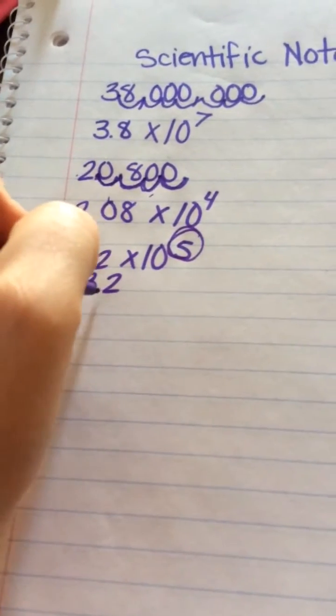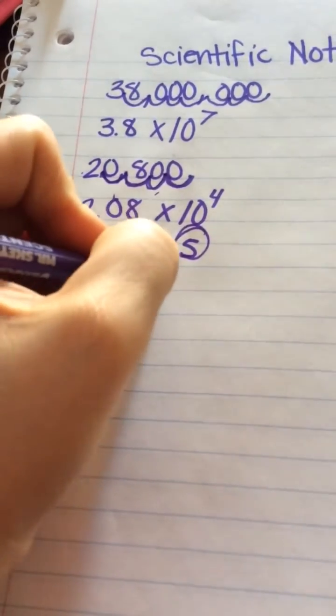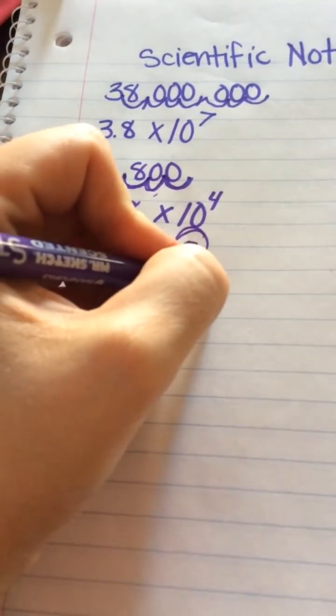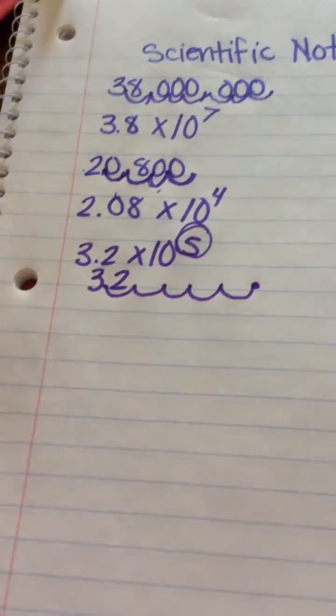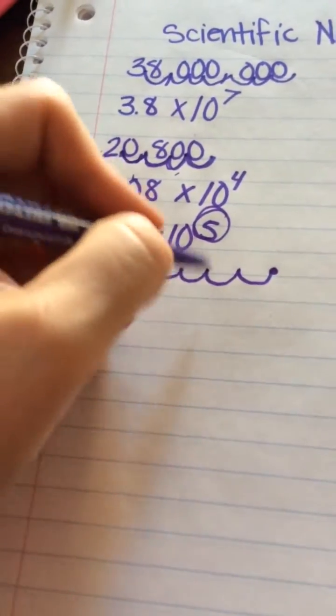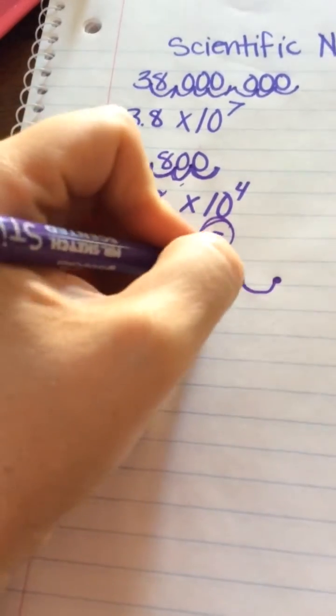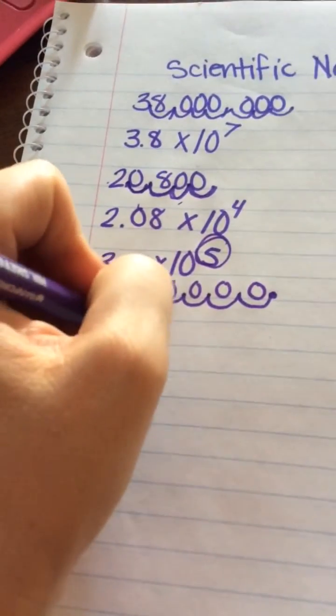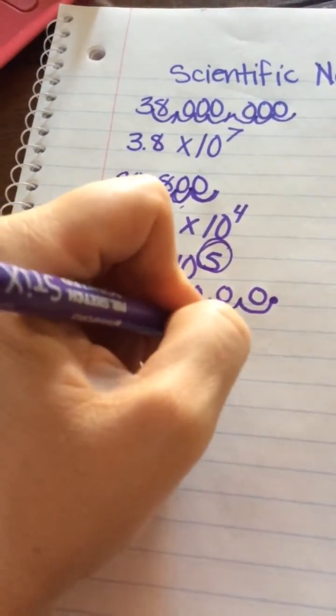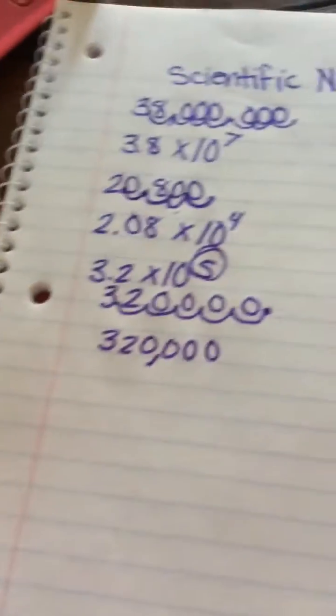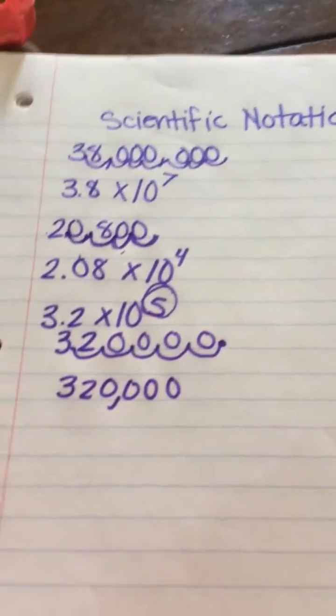In this case, it's 5. So we move it 1, 2, 3, 4, 5 little jumps to the right. Any gaps we need to fill in with zeros. Then if we want, we can copy the number over again so it looks nice and neat without the jumps, and put in a comma every 3 starting at the right.